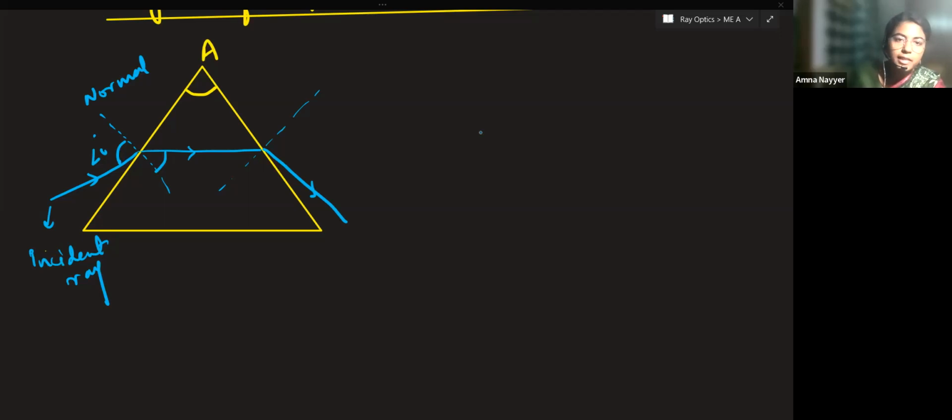Hiba, what is this angle that is formed? This is the normal, this is the refracted ray. So the angle formed is? Yes, Hiba. Huzaifa Ahmed, what is this angle called?